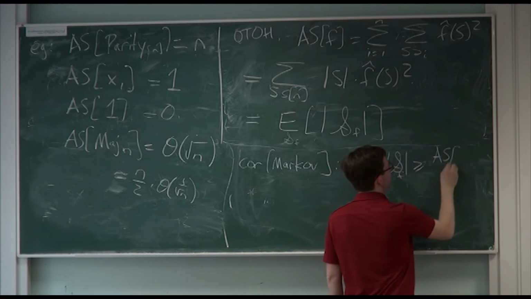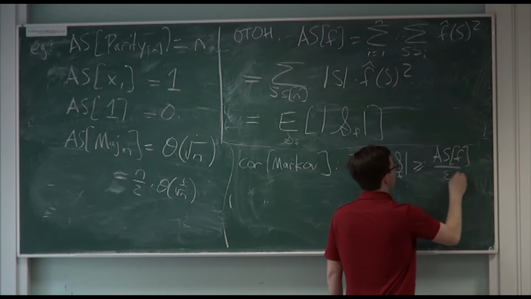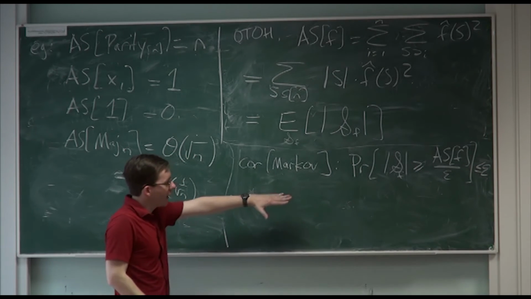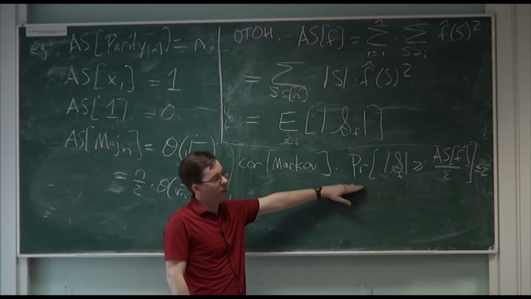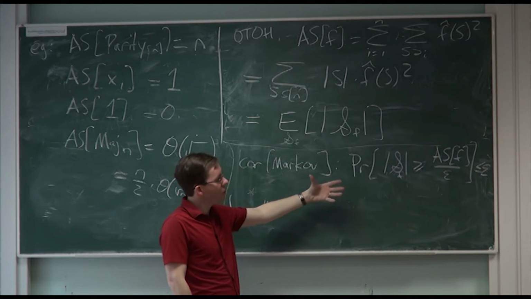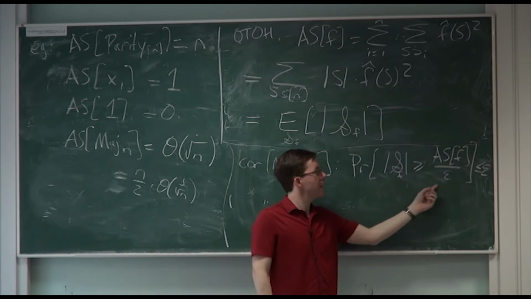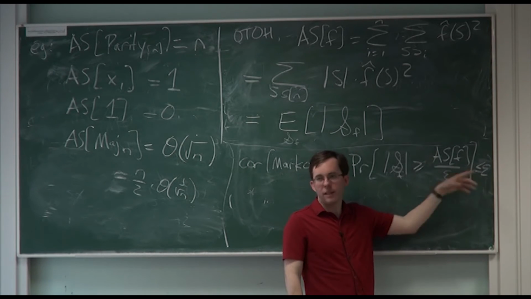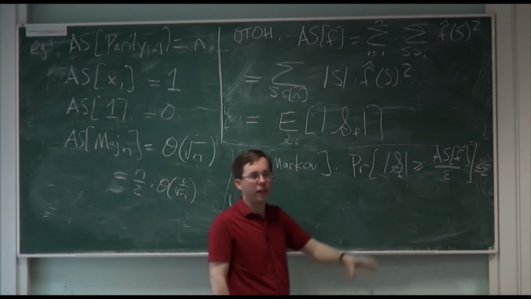Well, its expectation is the average sensitivity. And this is exactly a Fourier concentration statement. This is saying that the sum of the squares of the Fourier coefficients on sets of cardinality bigger than this is small. And that's exactly the thing that you can plug into the learning algorithm.